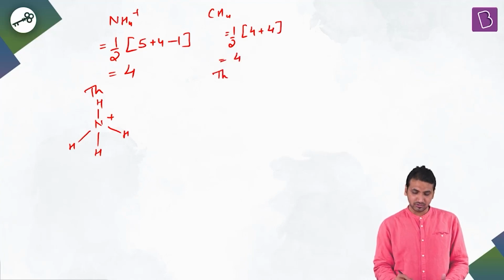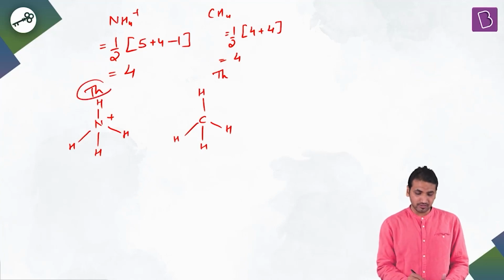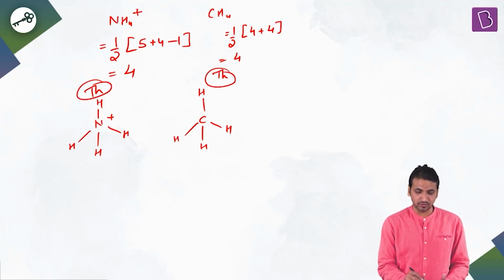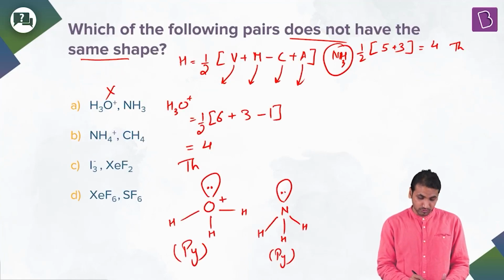Again tetrahedral. Because there are no lone pairs, the geometry will be similar to the shape. So you have tetrahedral for NH4+ and tetrahedral for CH4. Both have the same shape, so it cannot be the answer. Let's move on to the next.